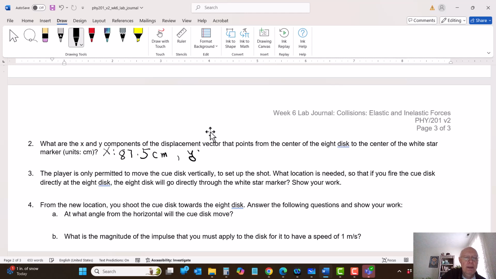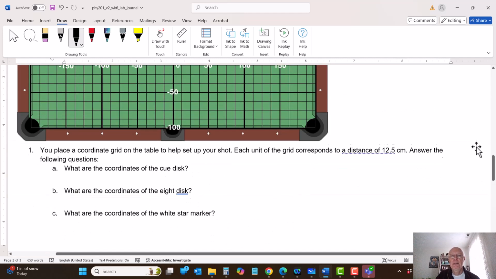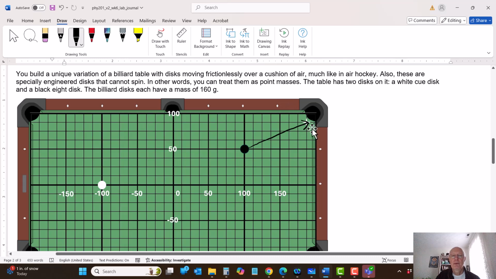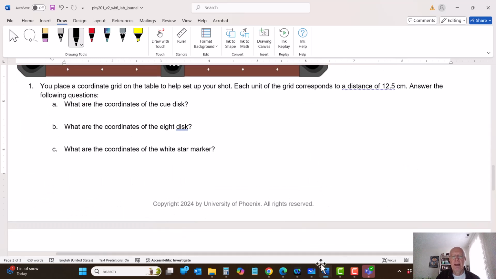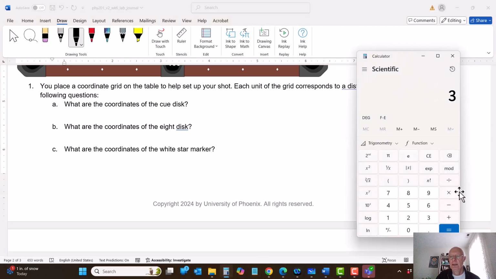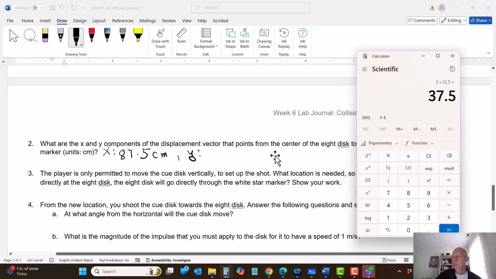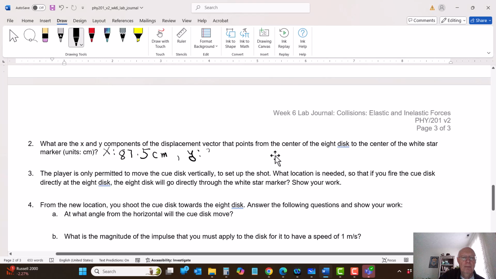And the y component, go up here. 1, 2, 3. 3 times 12 and a half. Where'd my calculator go? There it is. 3 times 12.5 is 37.5. Okay, pretty easy.